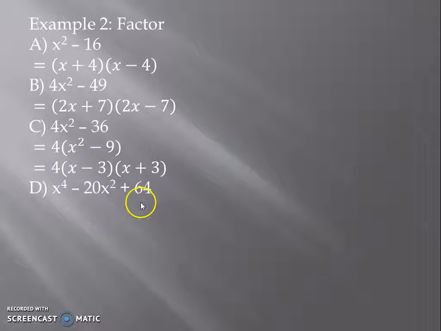Remember when we said A and M for addition and multiplication? Well, that's basically what we do here. You're probably thinking, okay, A and M means we find numbers that multiply to this, and the same numbers have to add to this number.